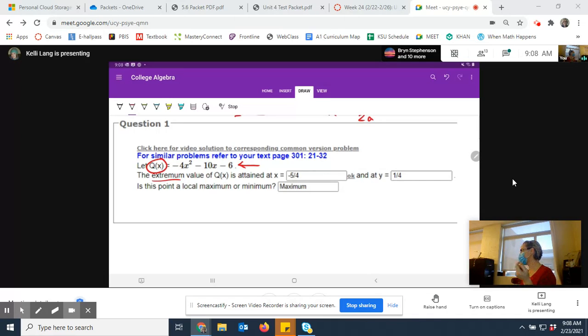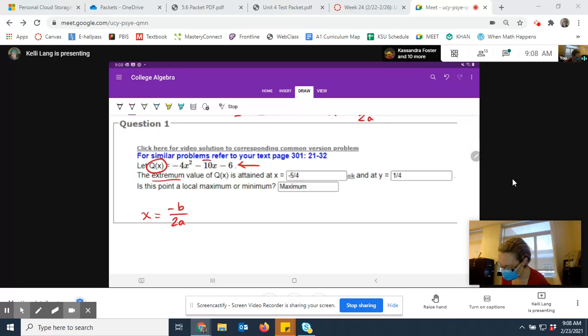When you hear extrema or extremum, think vertex when you're talking about a quadratic. So all we have to do is figure out what b and a are, because our extremum value or our vertex is going to be located at the x value of negative b over 2a.